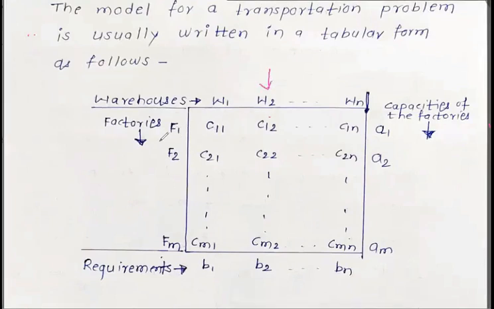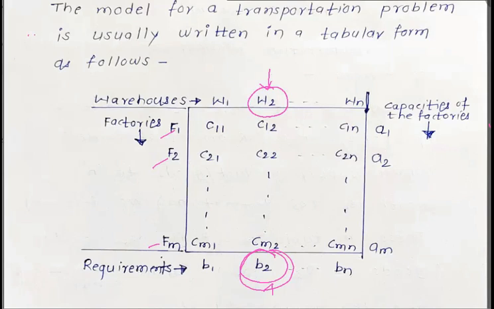The quantity received at W2 from F1, F2 to Fm is equal to the requirement at W2, and the requirement at W2 is B2. The quantity of goods received at W2 from all these m factories is equal to the requirement at that warehouse. So this is called the column restriction.